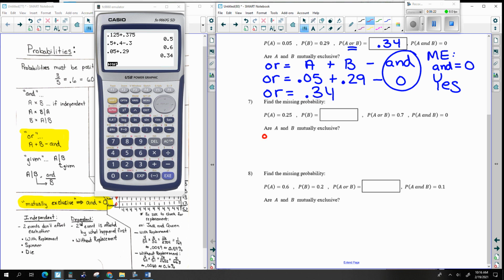Okay, number 7, or is equal to A plus B minus and. Let's see what we have going on here. A is 0.25. B is unknown, so that will remain the letter B. Or is 0.7, and and is 0. To solve for B is just a little bit of mathematics. Minus 0 doesn't do anything, so this is going to be minus 0.25 from both sides.